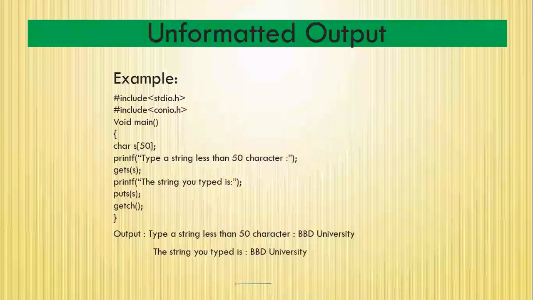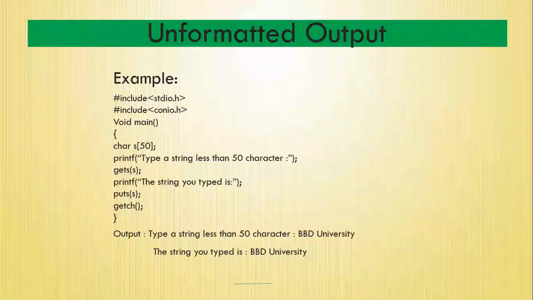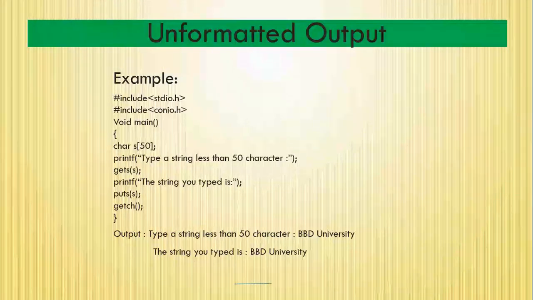And in this example, I am demonstrating the gets and puts functions. I already told you that gets and puts are both used to handle strings. Here I have taken one character type variable, s, whose length is 50.